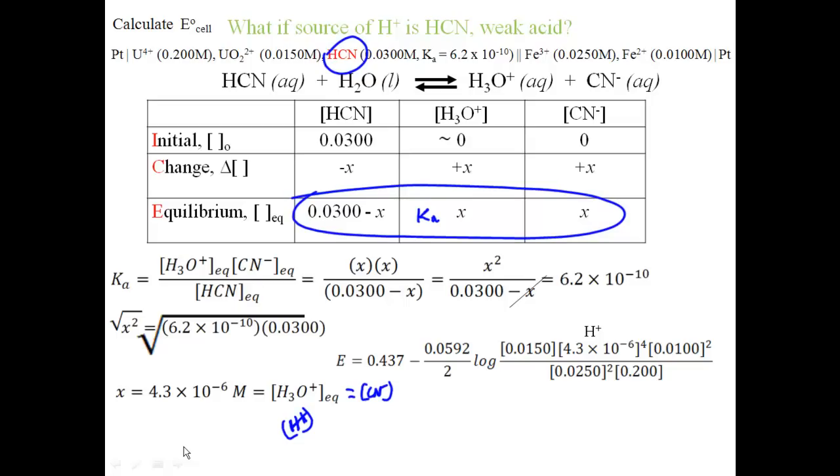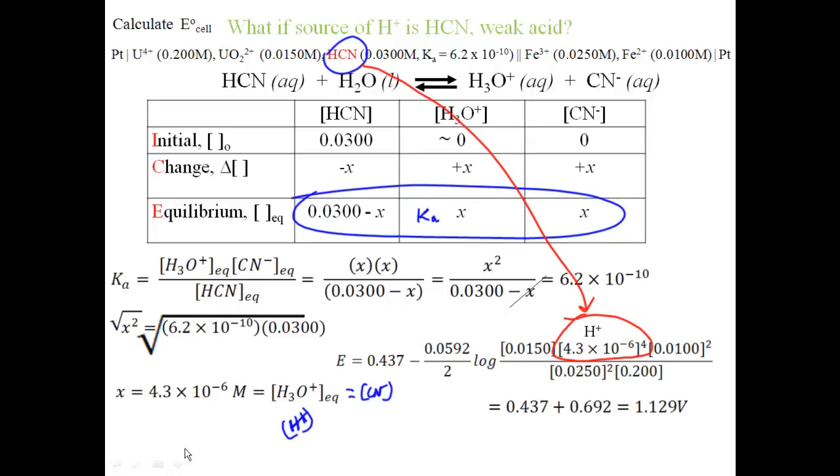The only thing that's changing is that hydronium ion concentration, that H+ ion concentration. Before it was 0.03 to the 4th power, but since this is a weak acid now, that changed the H+ concentration, and we had to calculate it, which is now 4.3 times 10 to the minus 6. Now that is going to go to the 4th power.